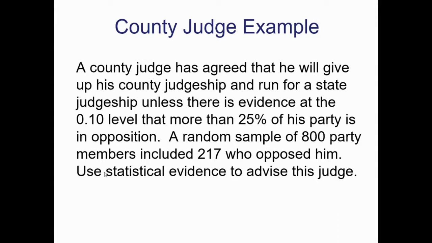So if more than 25% oppose him, he's not giving up his county judgeship. A random sample of 840 members included 217 who opposed him. Use statistical evidence to advise the judge. So he's depending on us to tell him, would it be smart to give up his seat or not to run for state judge?